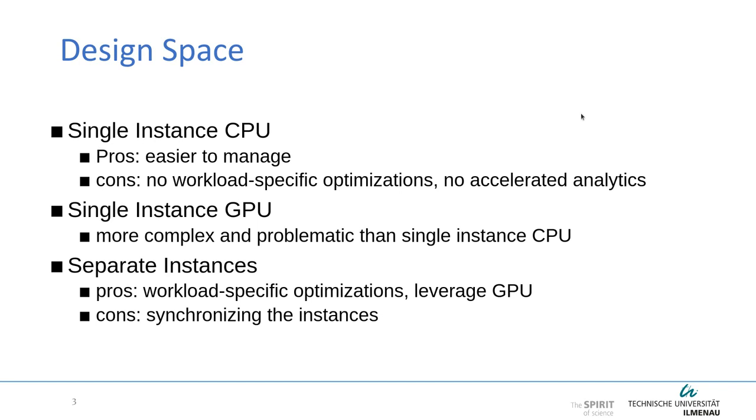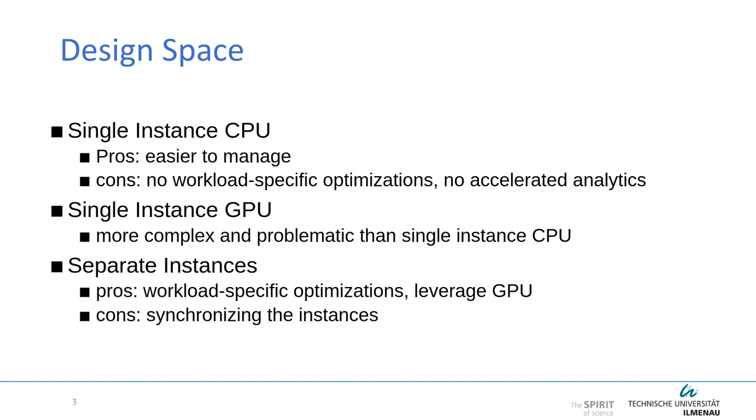The first alternative is to have a single instance CPU. Here we have a single instance of the graph on CPU, and we run transactions and analytics concurrently on the instance. Of course, the advantage of this alternative is that it is easier to manage, in the sense that we don't have to synchronize between different instances of the graph data.